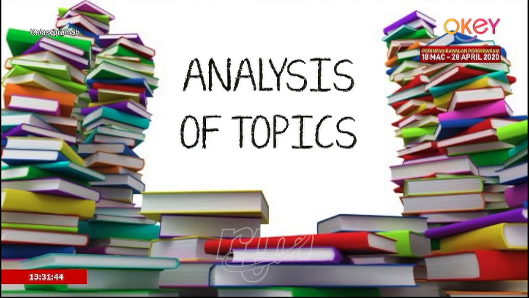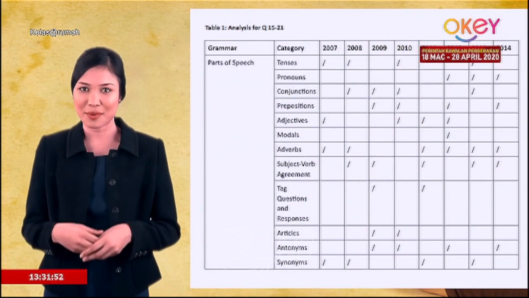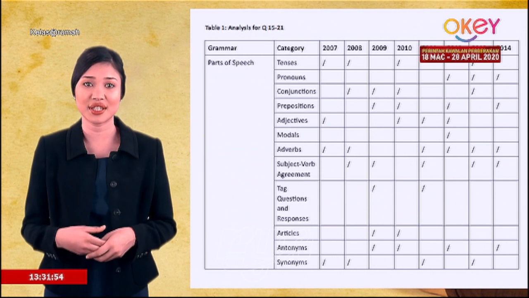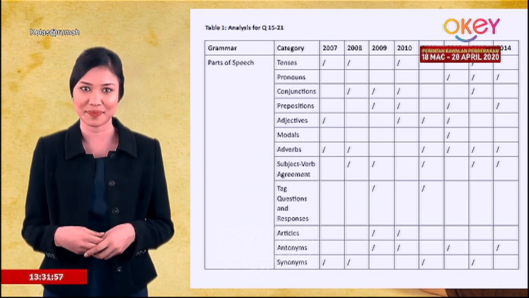Analysis of topics. Now, let's analyze the topics that came out in the past UPSR papers. Here's the table for topics that came out in questions 15 to 21.